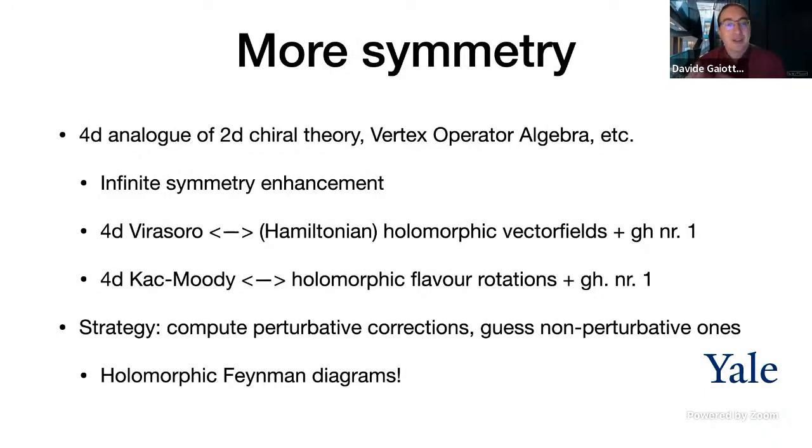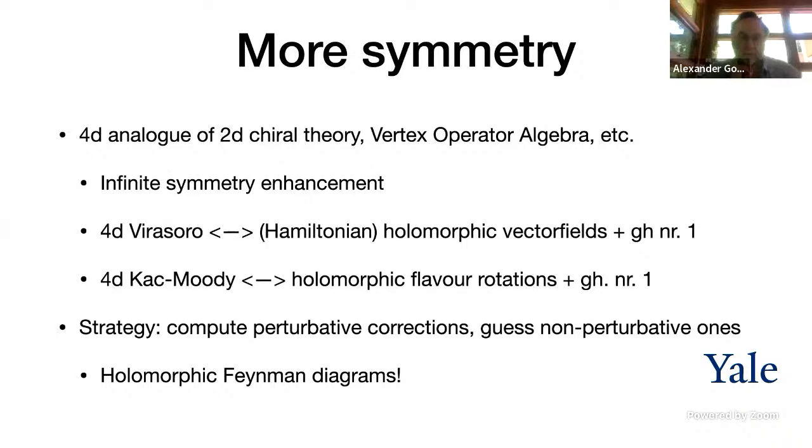And so every operator in the two-dimensional theory gives you a big family of symmetries. And this happens in four dimensions too. And so out of the stress tensor, out of flavor currents or other local operators of these holomorphically twisted theories, you get infinite algebras of symmetries.